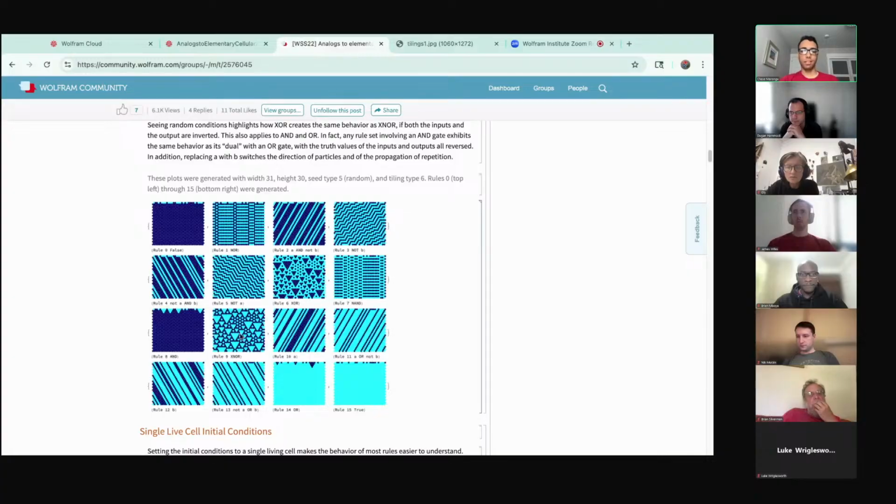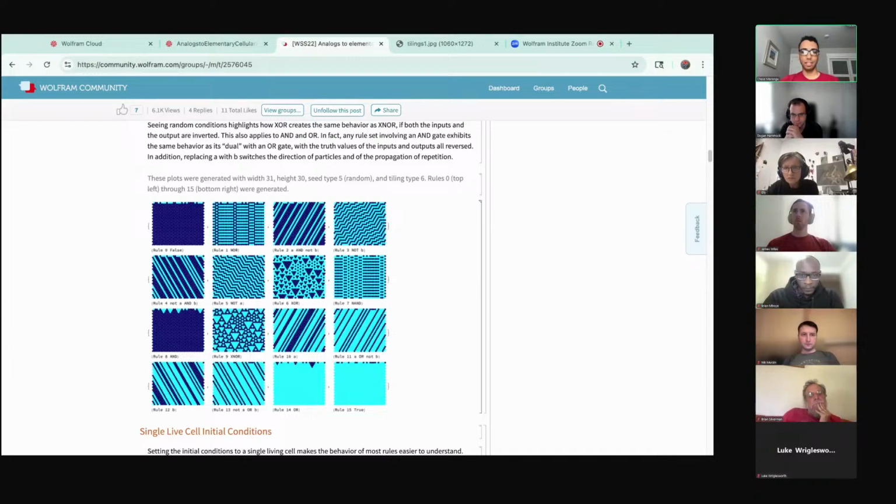XOR and XNOR generate inverted versions of each other, but they have the same behavior. And with the operator that's always false or always true, obviously it's just going to always turn the cells off or always turn them on.